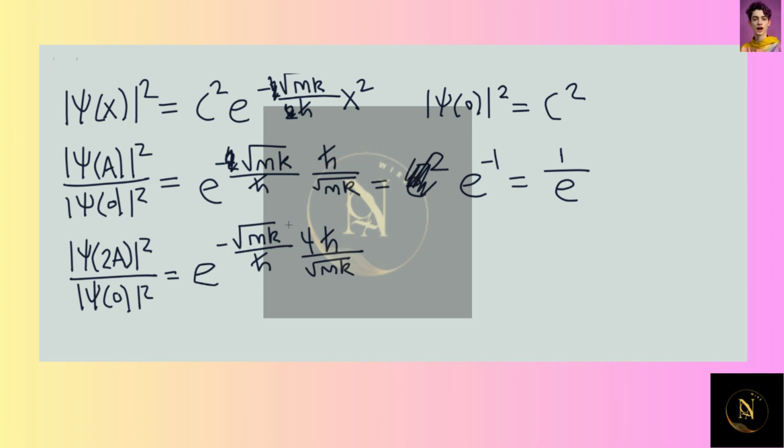We're plugging 2A in, we square it, get 4. Everything will fall out in the same way. We are left with e to the negative 4. And that's it.